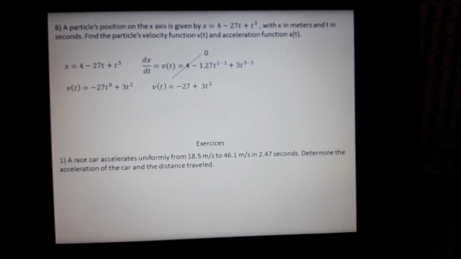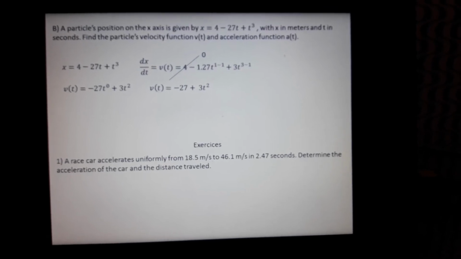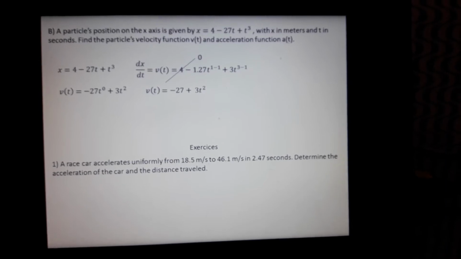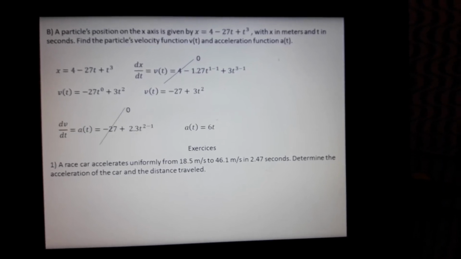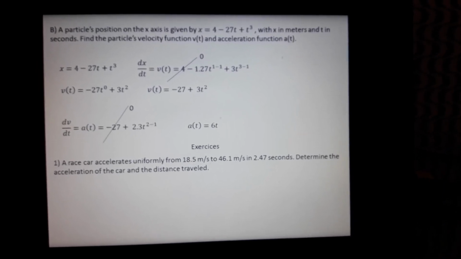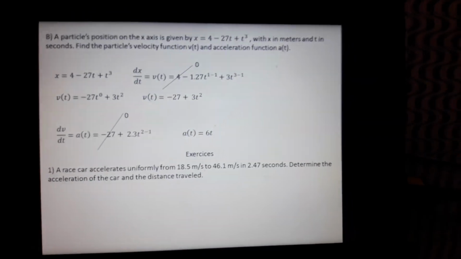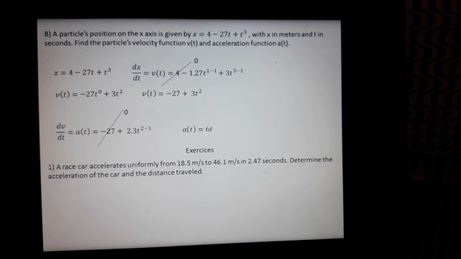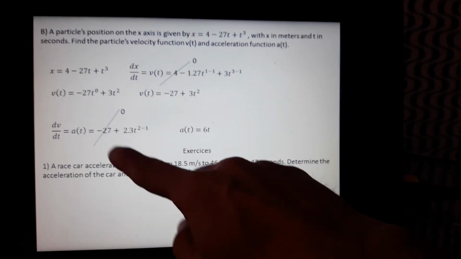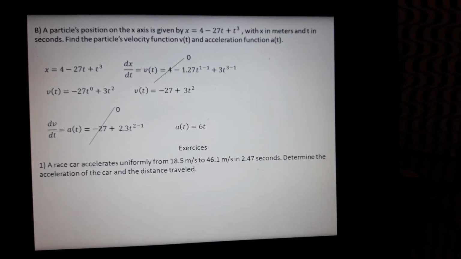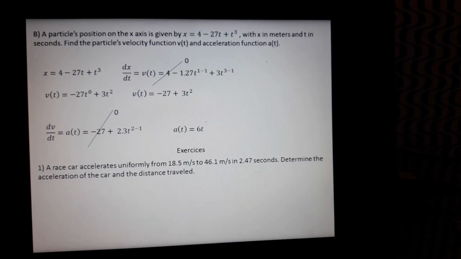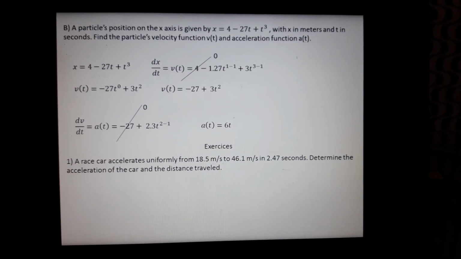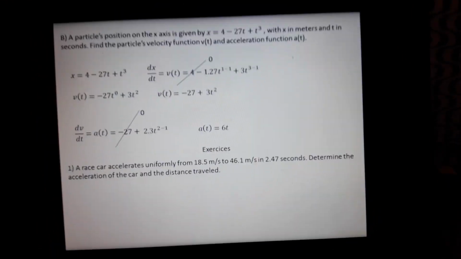So we have minus 27 plus 3t squared. This is v(t). Let's find a(t). Again, the same idea: the constant is 0, and we bring the power down as a coefficient and multiply by 3, and we have t to the 2 minus 1. We decrease the power by 1, and we have a(t) equals 6t.